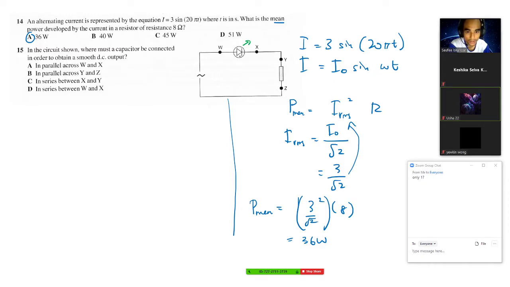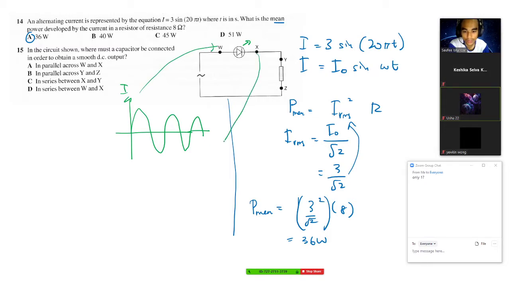If the arrow points to the right, it will filter. Let's say we have a current like this, up, down, up, down. When it goes from W to X, it actually filters out the negative. So what happens at X is only the upper side.